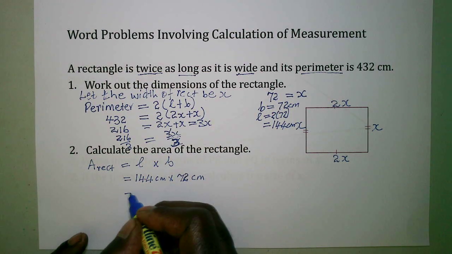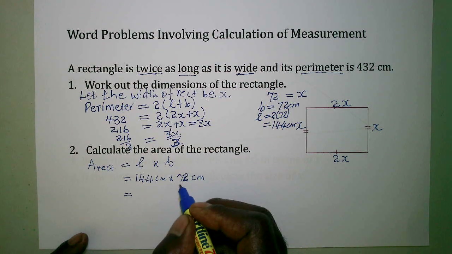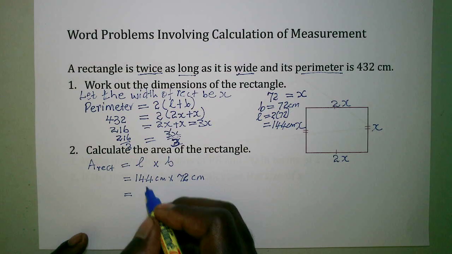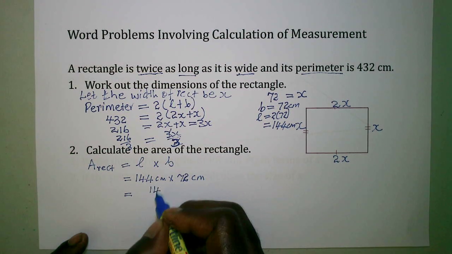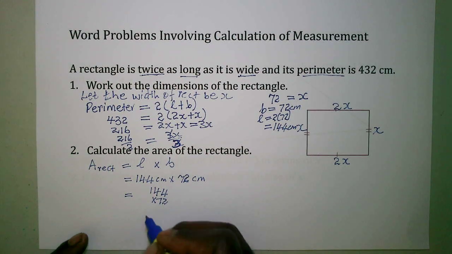Okay. Now we must multiply 72 by 144. So you can do it vertically. It's still going to give us the same thing.